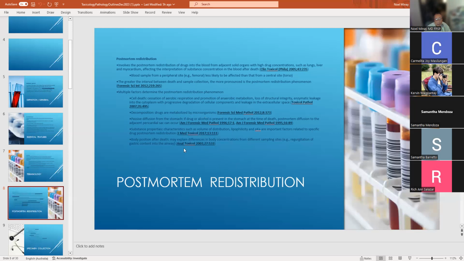So, it depends upon the substance properties. If they have high affinity for fat tissues, you can only find this substance in the fatty parts of the body, kagaya ng anesthetic drugs. They are usually found in adipose tissue, which are fatty tissues.